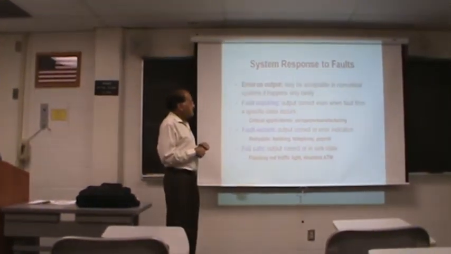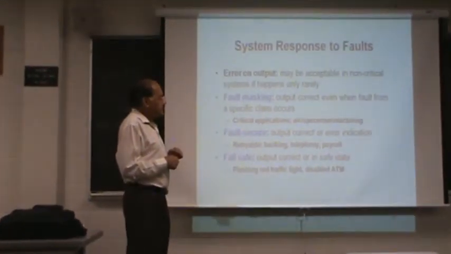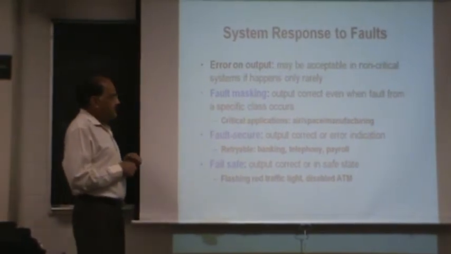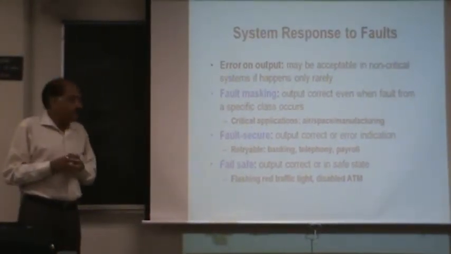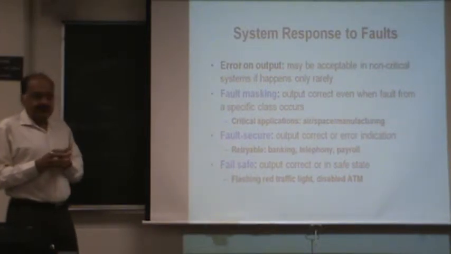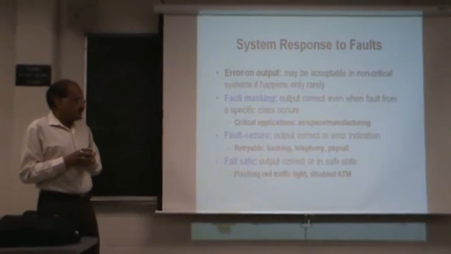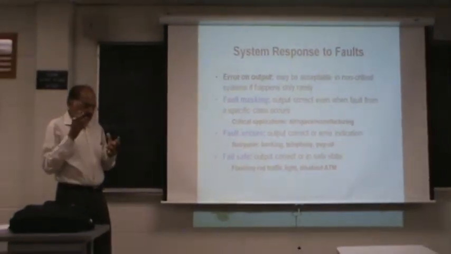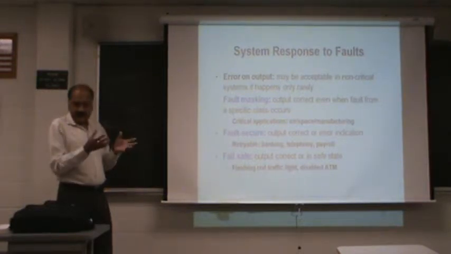Fault masking. Sometimes you want fault masking. You want the output to be correct, even when a fault of a certain class occurs. This is what you may need for critical applications. For example, in the autopilot system of a plane, they often have redundancy.